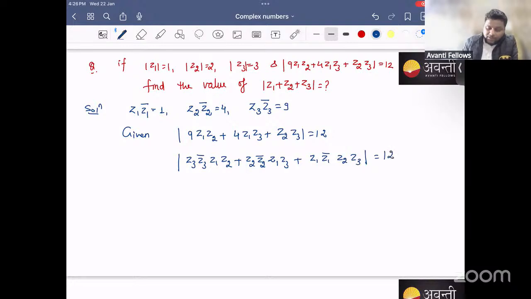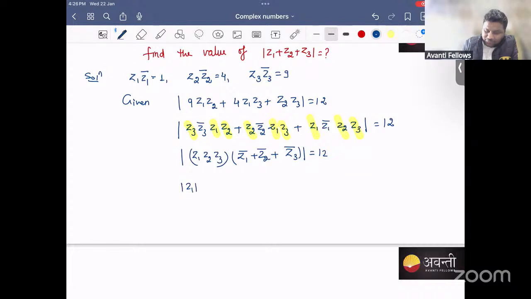Understood? Now, from all of them, if you realize, Z1Z2Z3 can be taken common. So that means magnitude of Z1Z2Z3 into Z1 conjugate plus Z2 conjugate plus Z3 conjugate is 12.